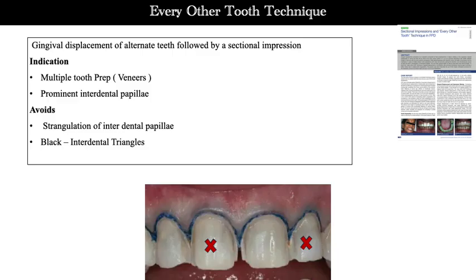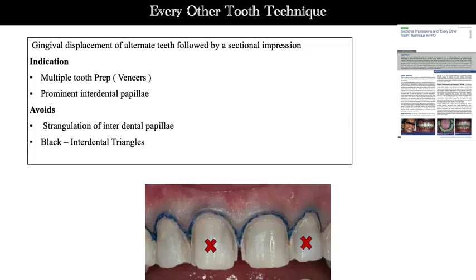After removing the previously placed retraction cord, you take the second impression at this stage, and some case reports even say that you require a third impression without any gingival retraction cord itself. That would be the every other tooth technique. Every other means every alternate tooth should be retracted and then an impression taken at each step.